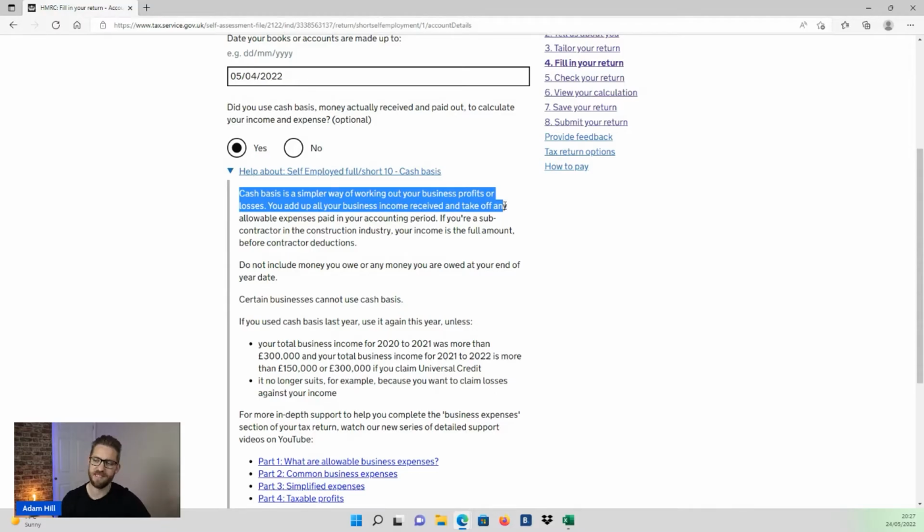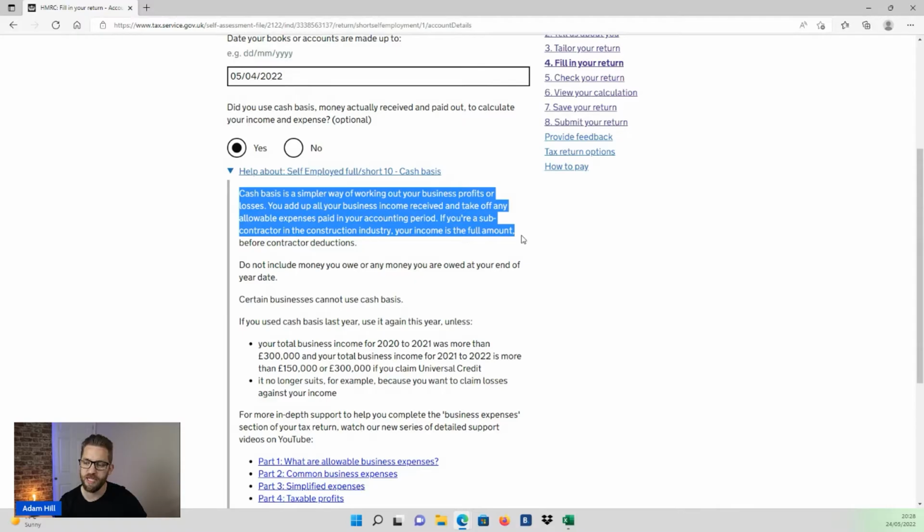You add up all your business income received and take off any allowable expenses paid in your accounting period. If you're a subcontractor in the construction industry, your income is the full amount before any contractor deductions. Now, if that didn't make sense to you, then don't worry too much. You're certainly not alone. So we'll see if we can do a better job of explaining the cash basis.